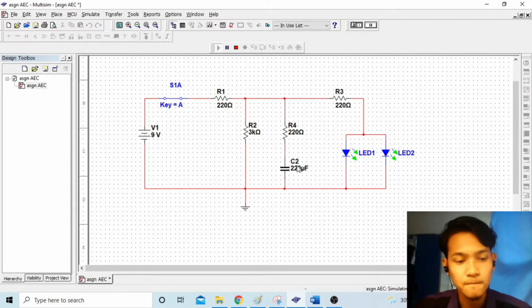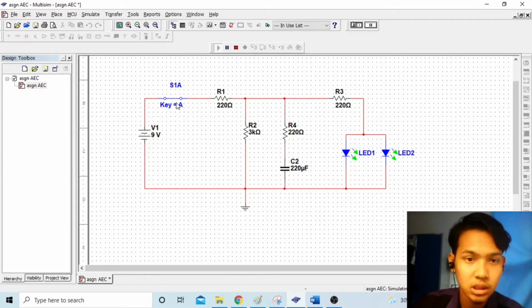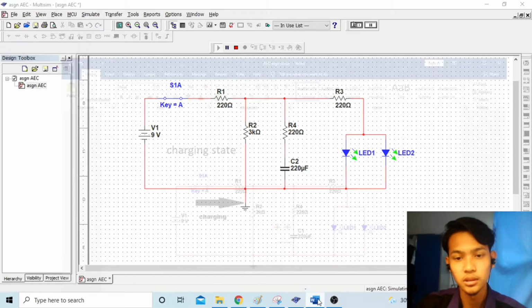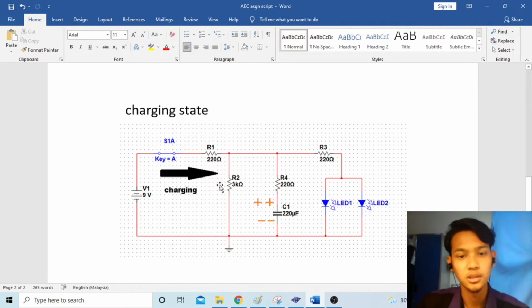When the circuit is in the charging state, the current goes forward from the source positive terminal, flows through the resistor, and goes to the capacitor positive terminal, like this.